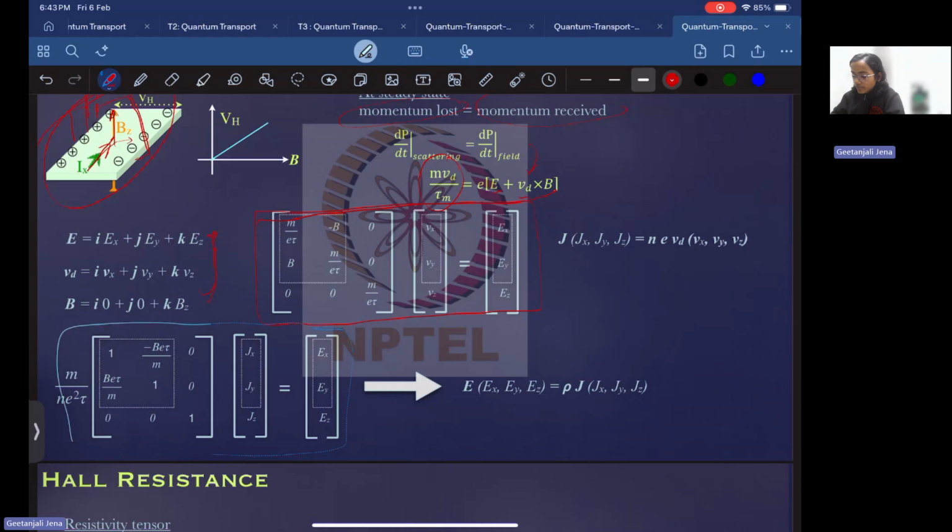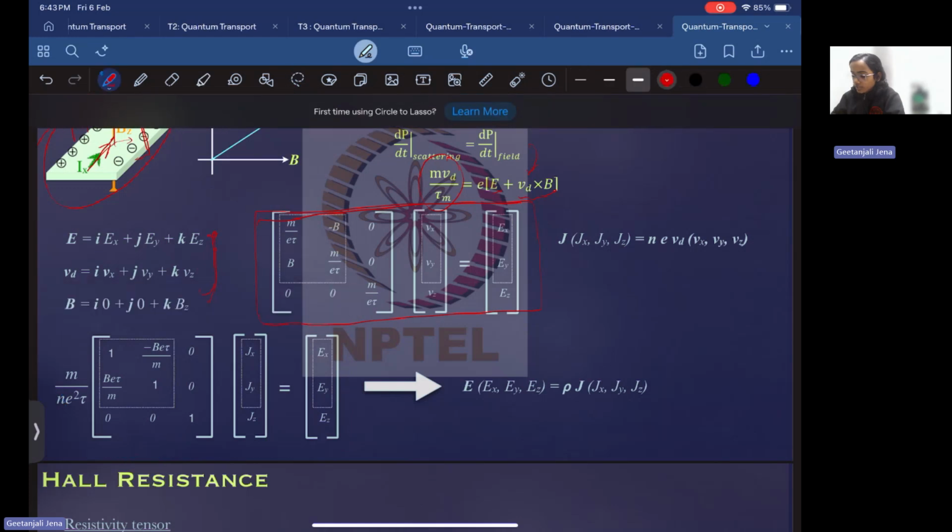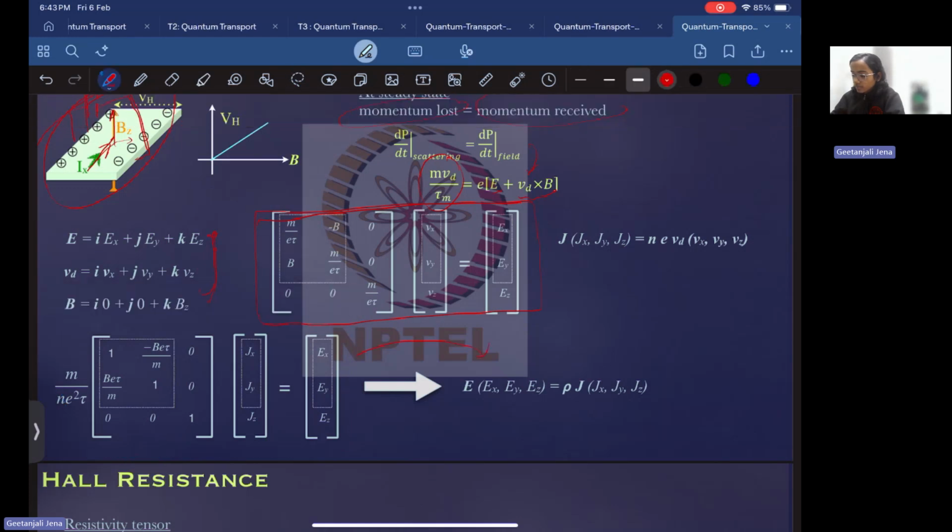We can write this matrix as E equal to rho times J, where rho is the resistivity, J is the current density, and E is the electric field that is driving the electrical current.